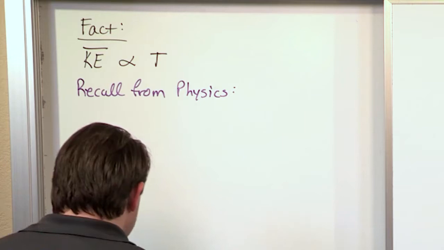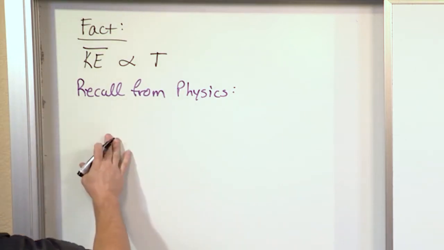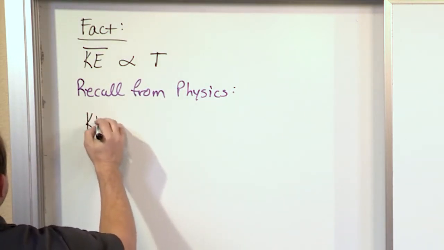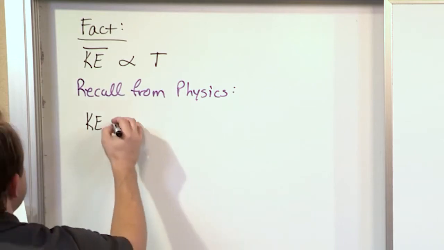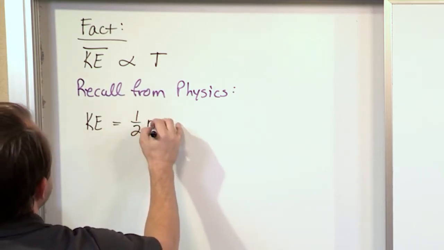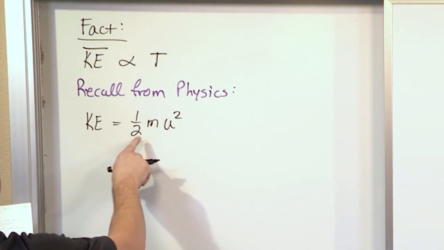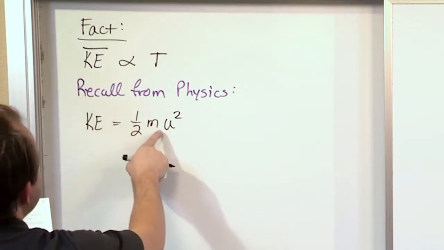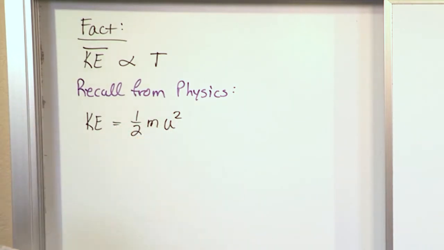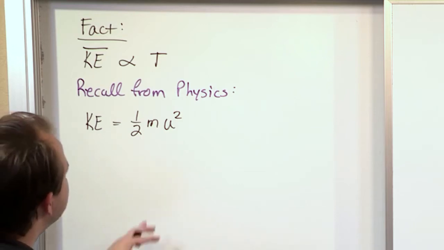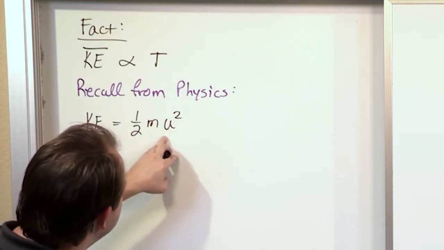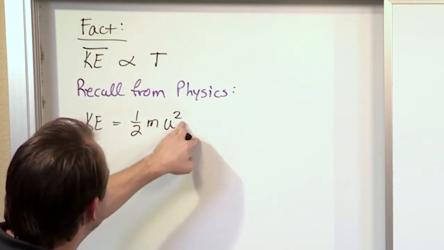If you recall back from physics, the kinetic energy of some body in motion is 1/2 m, and I'm going to write it here as u squared. In physics, you normally see it as 1/2 mv squared. The v is the velocity of the particle. But in chemistry books, for some reason, they usually use the letter u to represent the speed.